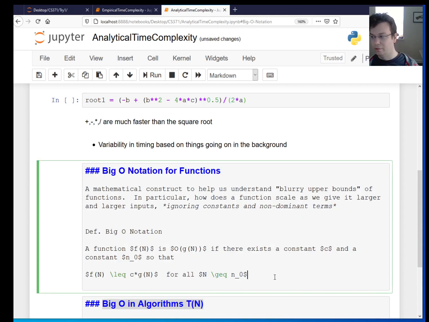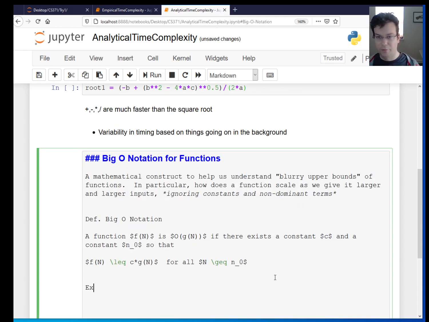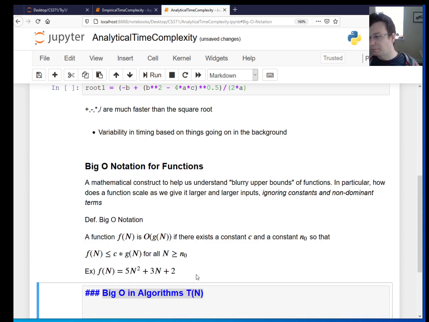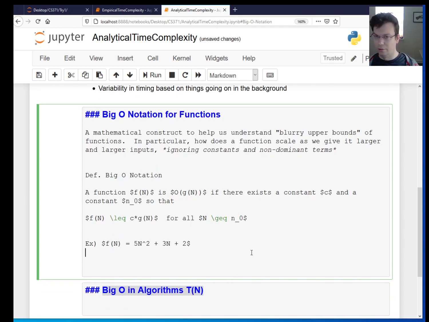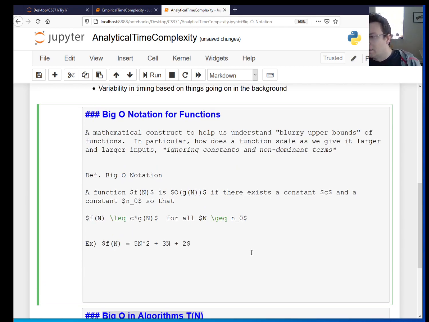I just said that a couple ways verbally. It still probably sounds like a lot of gobbledygook. So let's look at an example. Let's say that we have a function f(n) equals 5n squared plus 3n plus 2. Let's try to parse this definition and see if we can use it to prove something. I'm going to make the claim that f(n) is big O of n squared.